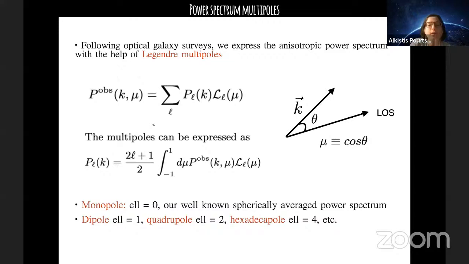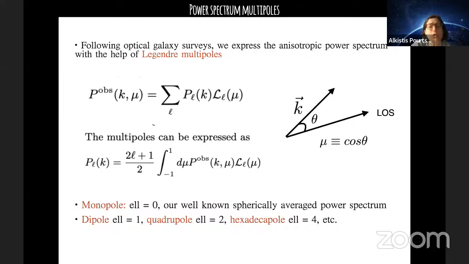The monopole corresponds to the zeroth order Legendre multipole, L equals 0, and this is what we all know, the simple spherically averaged power spectrum. We use this a lot. Then you have odd multipoles like the dipole, which corresponds to L equals 1, and this should be 0 if everything goes well. Then you have the quadrupole, L equals 2, the hexadecapole, L equals 4, the octupole, etc.